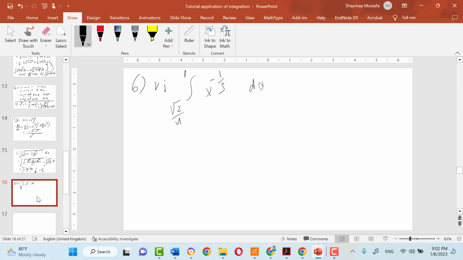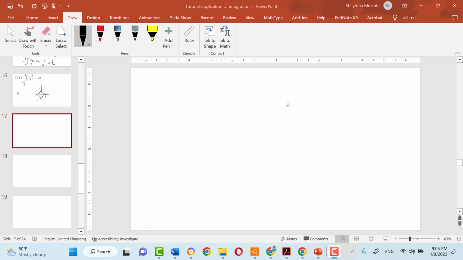For 6 I, you can draw the graph, and your graph will have this curve. Your graph will have this sketch. This is for question number 6.